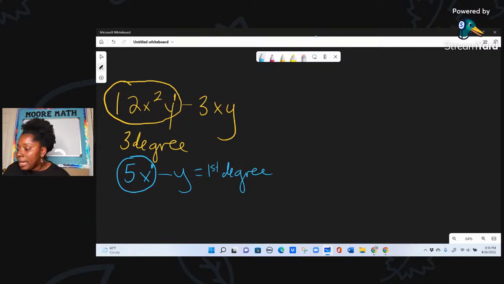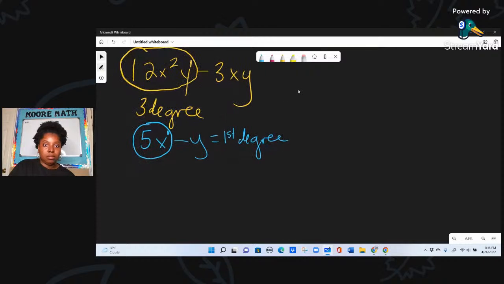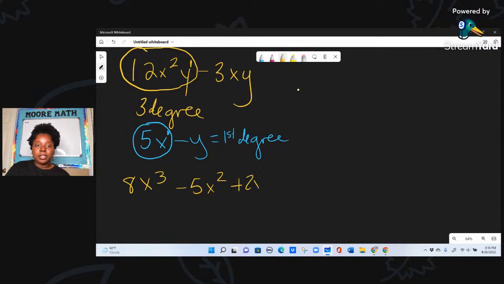And then for the last one, you would do 8x cubed minus 5x squared plus 2x minus 9. Again, when you have all these terms, polynomials, you just take the first term. And this is raised to the third degree.